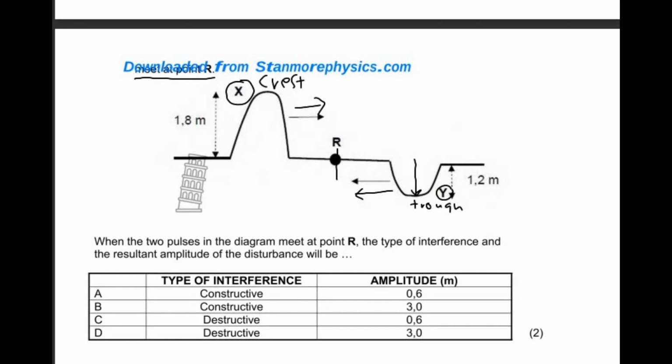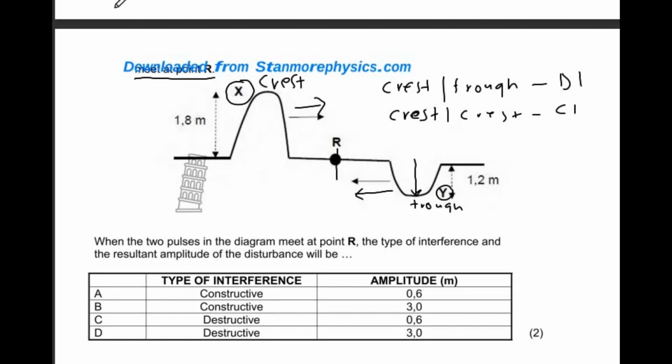When a crest overlaps with a trough, we have destructive interference. Let me write DI. If a crest meets with a crest, we'll have constructive interference, or similarly, if we have a trough and a trough, we'll also have constructive interference.